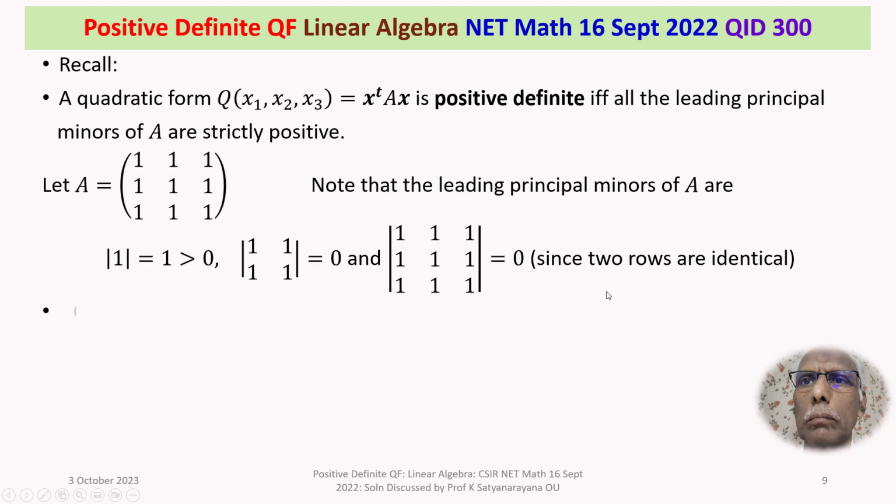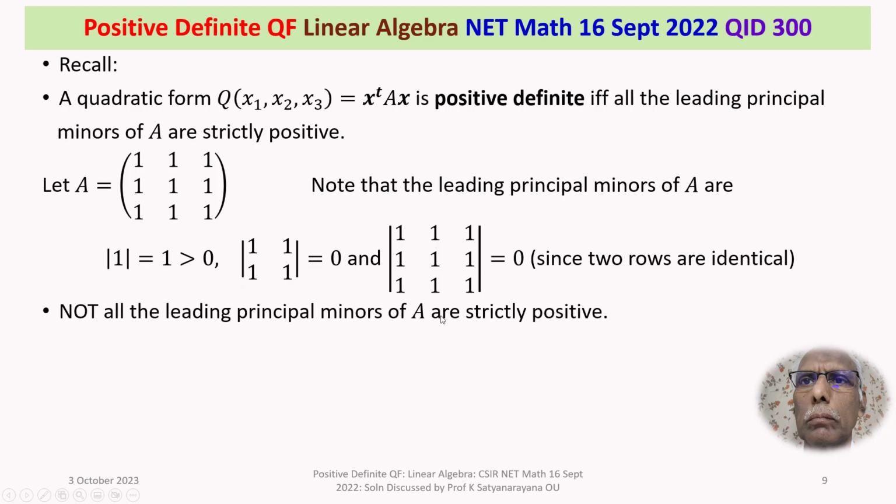So we have observed that not all the leading principal minors of A are strictly positive. Since it is an if and only if statement, it is not a positive definite quadratic form.